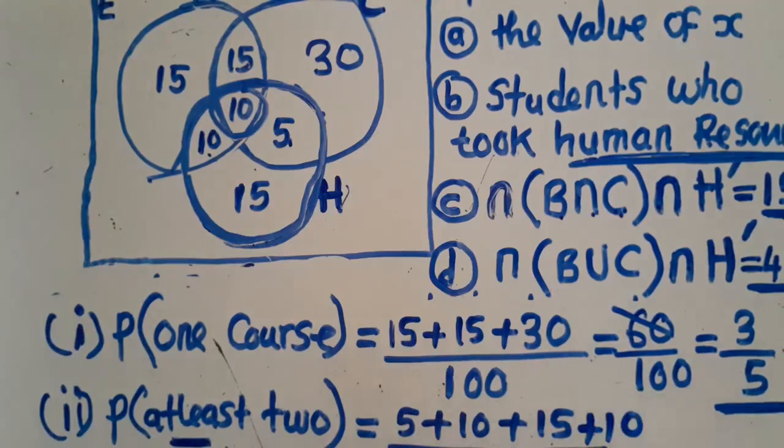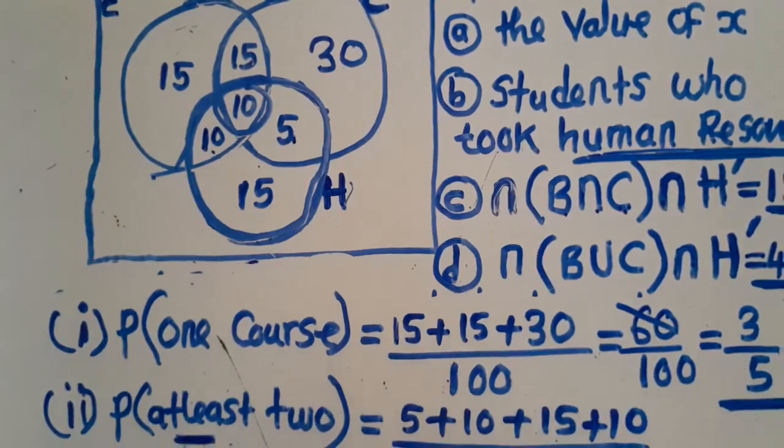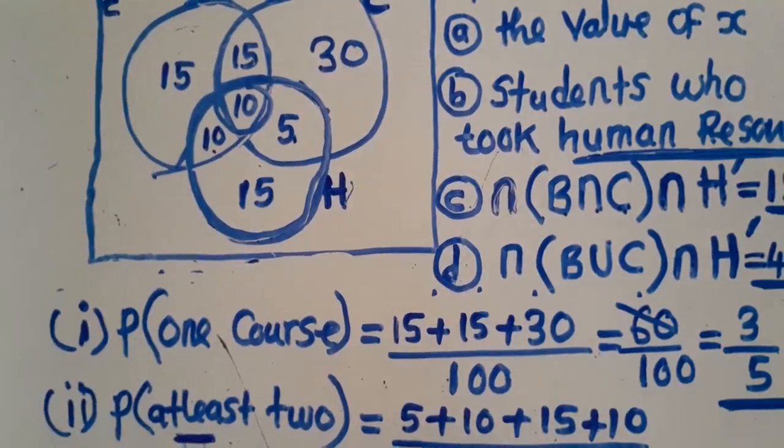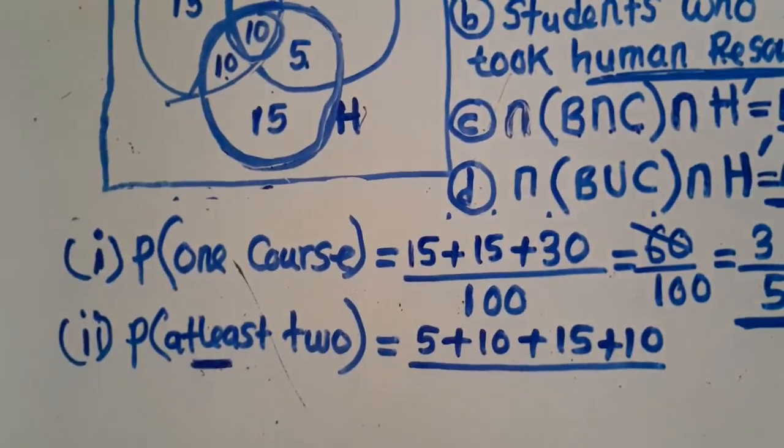Then you divide everything. I divide everything by 100, like this. So this is the probability of students who took at least 2 courses. So if you add, this is 20, 30, 40. So this is 40 over 100.